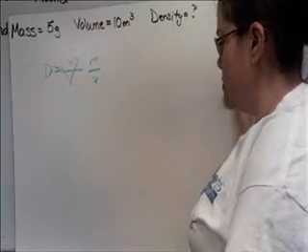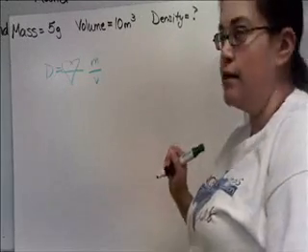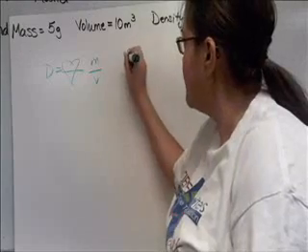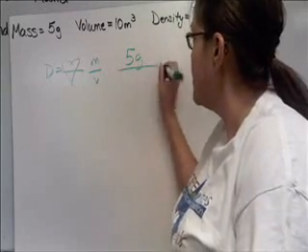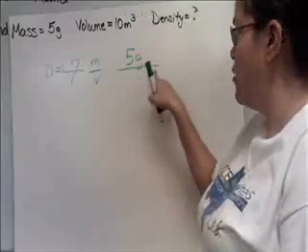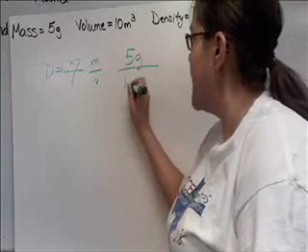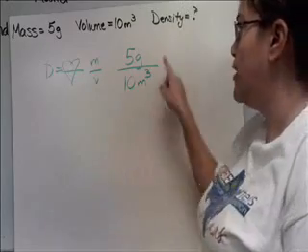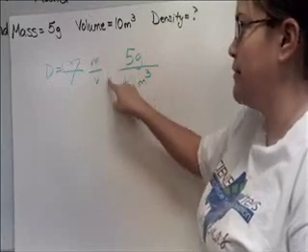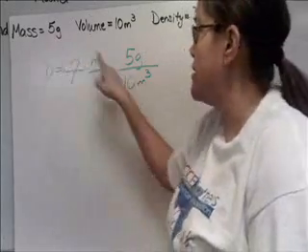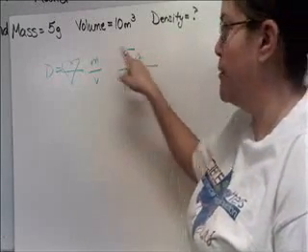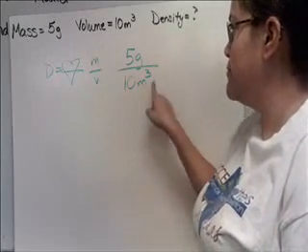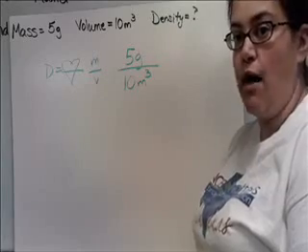So here our mass is 5 grams. Then we make our division line over, and our volume is 10 cubic meters. Remember, I know which place these go into because I use the formula. Mass goes on top, so I put the 5 grams on top, and volume goes on bottom, so I put the 10 cubic meters on the bottom.